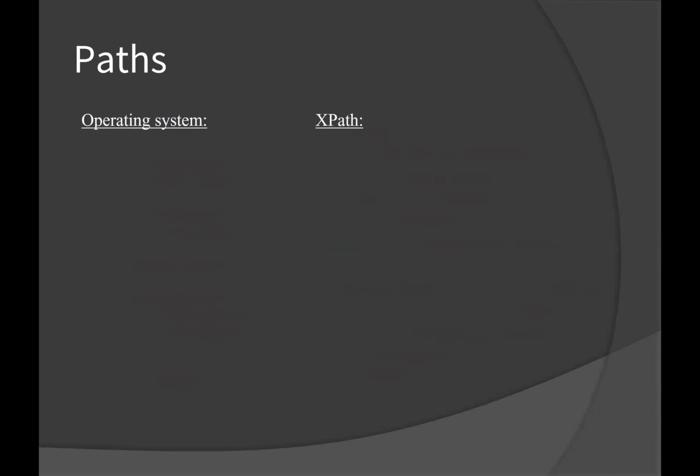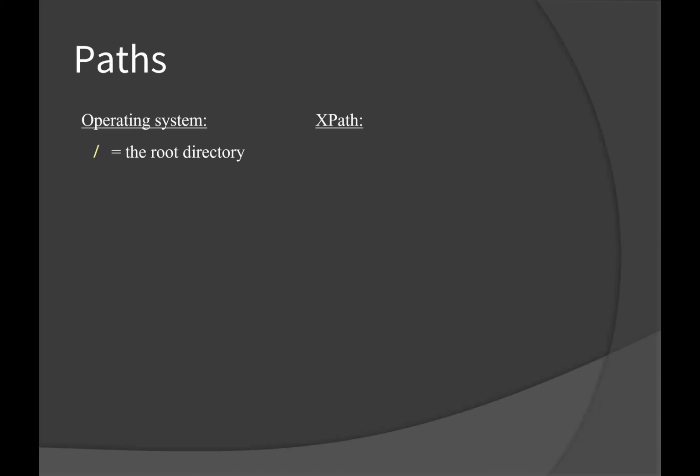So let's understand how paths in your operating system are different from or similar to XPath. In an operating system, we use forward slash as the root directory. I'm narrating this for an operating system like Linux or Macintosh. If you are coming from Windows, we don't have forward slash, rather it is backslash, and we don't have a root directory.